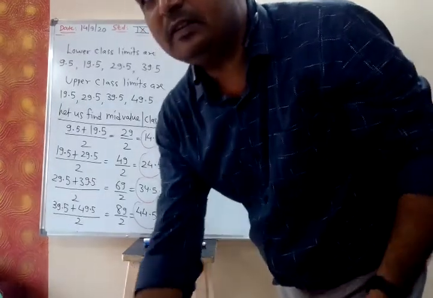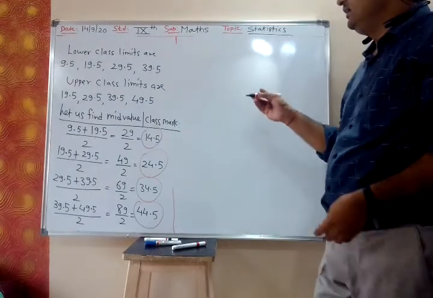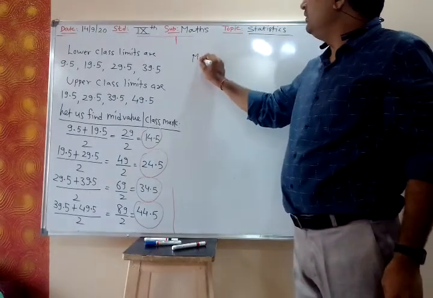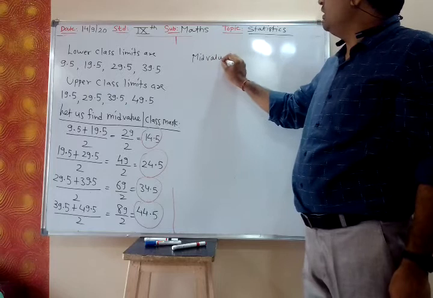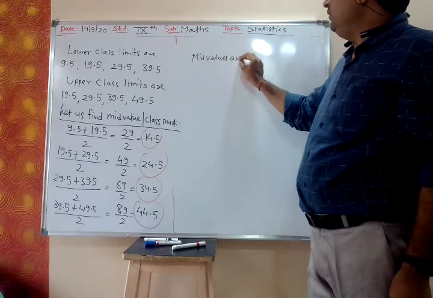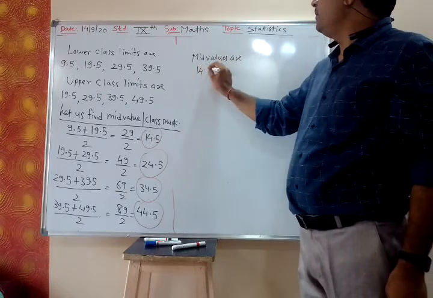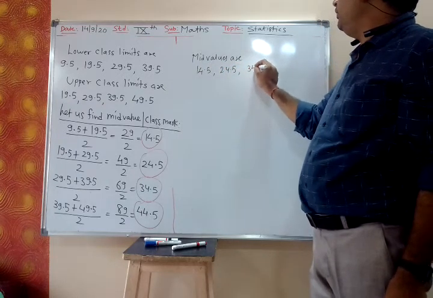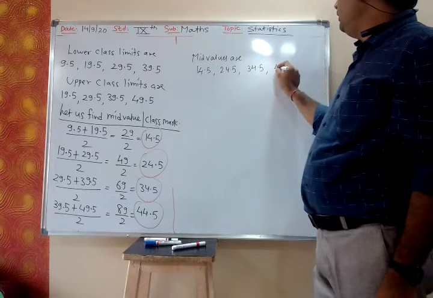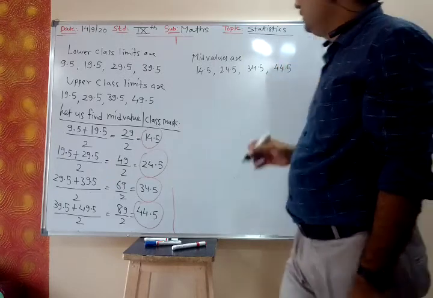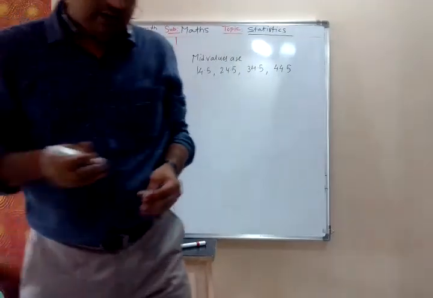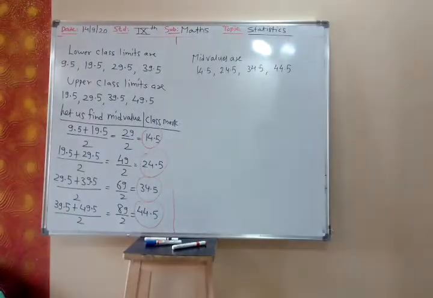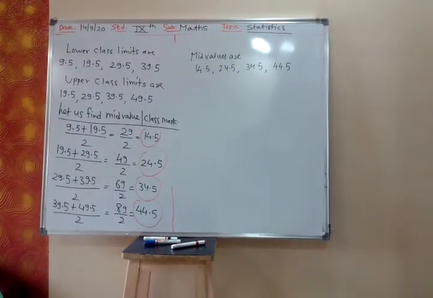Otherwise in 2 minutes you can get the answer. So the mid values or class marks are 14.5, 24.5, 34.5 and 44.5.